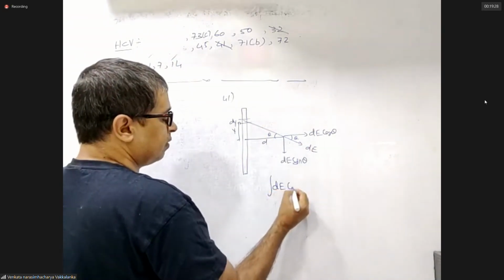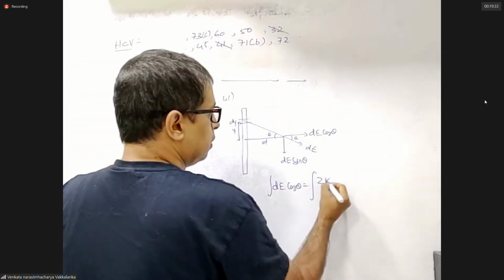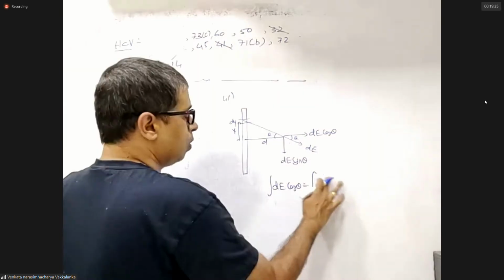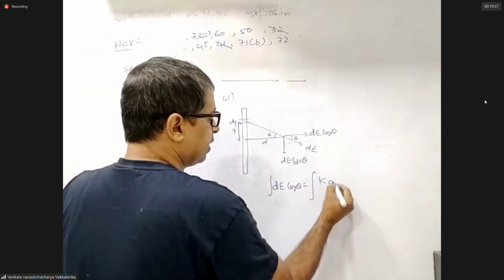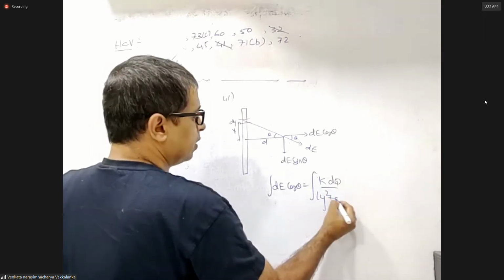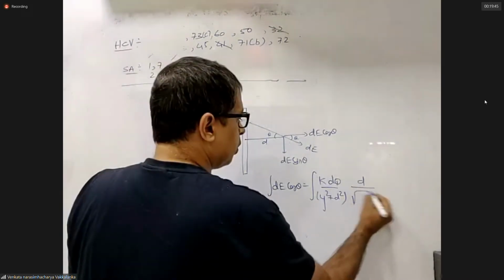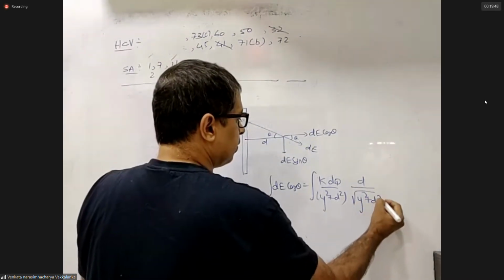What are we left with? dE cos theta. Because of the small element, k dq by this distance whole square, y square plus d square. Cos theta will be d upon root over of y square plus d square.